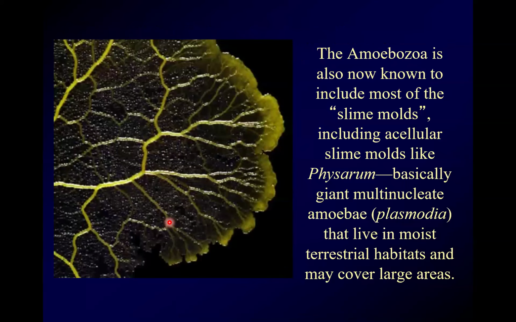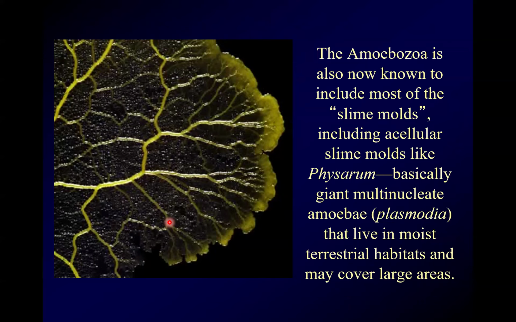We now know that the Amoebozoa also includes a lot of critters called slime molds, which used to be classified with the fungi. Physarum is an acellular slime mold. It's basically a giant amoeba that can form an actively growing stage. I don't know how big the biggest one is, but this thing can span several inches, maybe a foot or more. This is basically one giant cell with many thousands of nuclei.